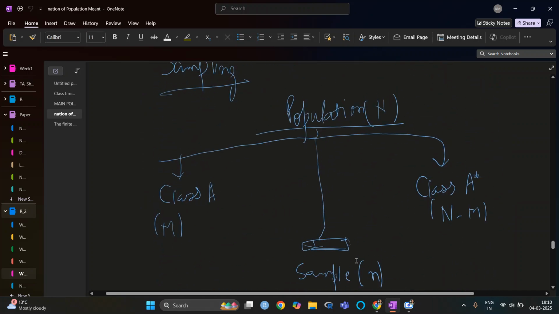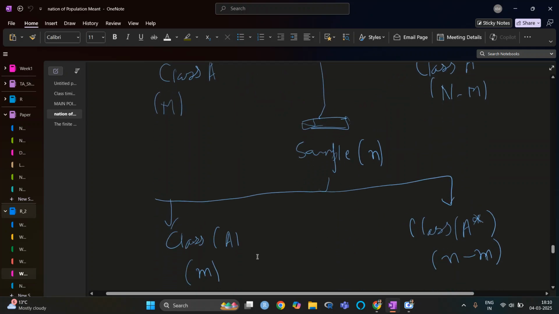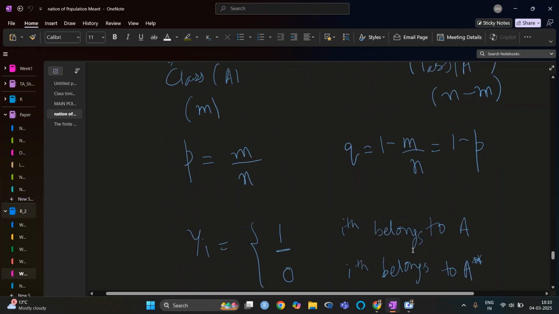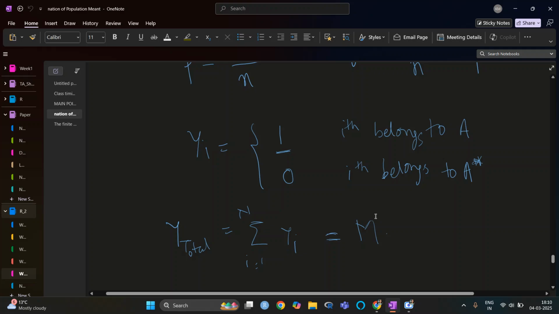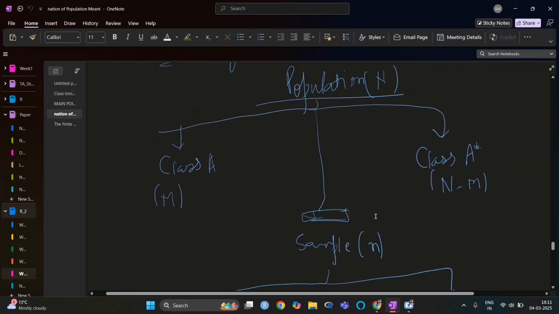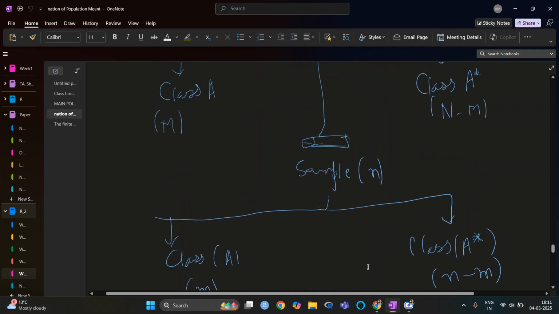Last time we saw that if we have classes A and A star, we take the sample from A and A star, and those proportions will be P and Q. The important thing we need to take care of here is that we need to take approximately the same proportion in the classes.